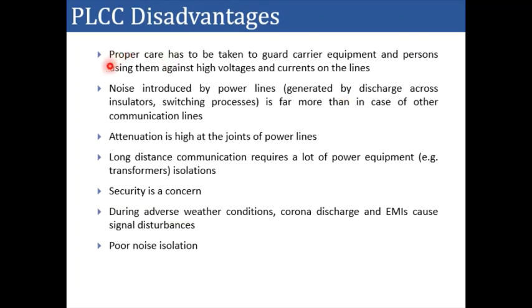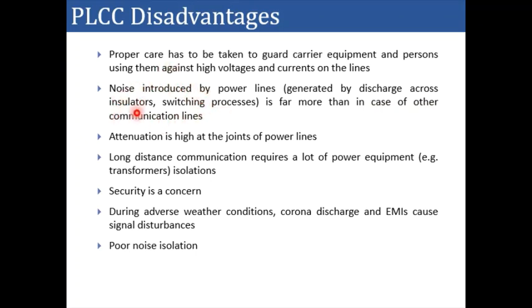What are the disadvantages? Here the proper care has to be taken to guard carrier equipment and persons using them against high voltage and current on the lines. Noise introduced by power lines, that is basically generated by the discharge across insulator or the switching processes, is far more than in case of other communication line.